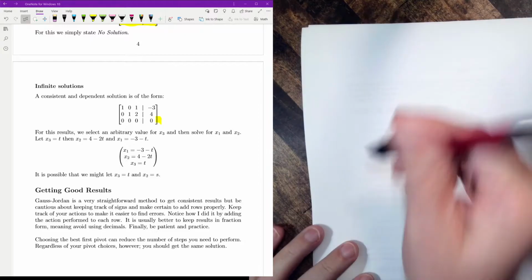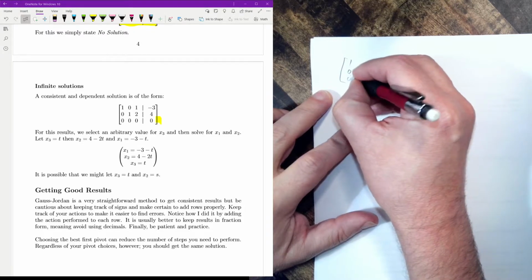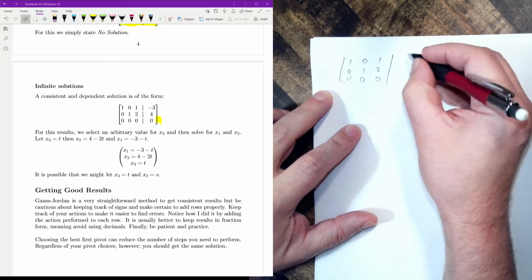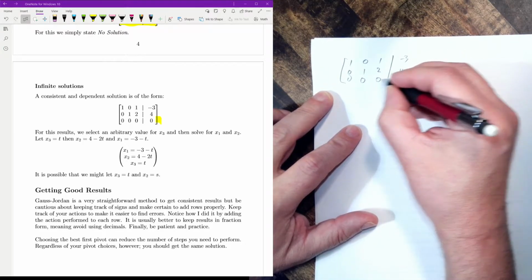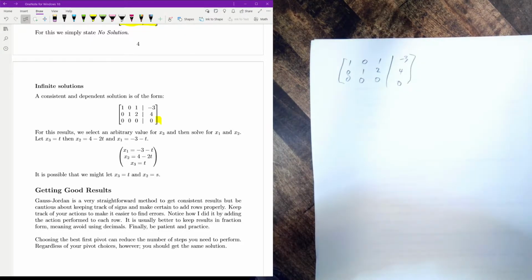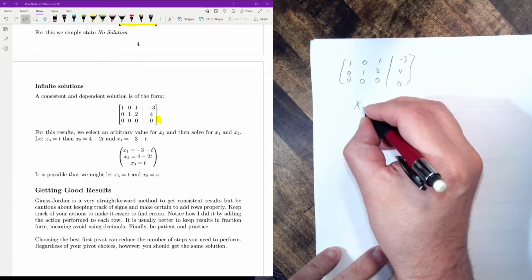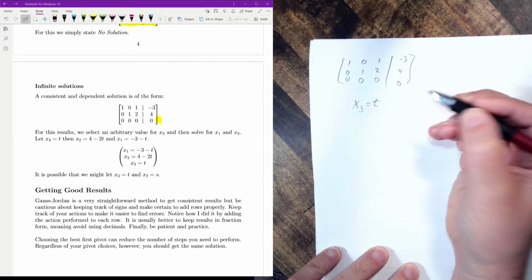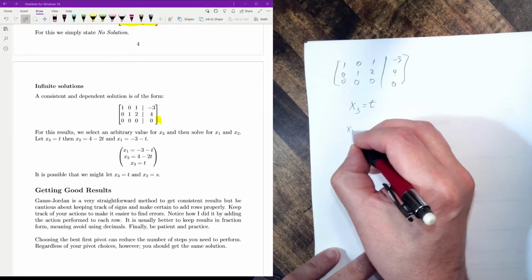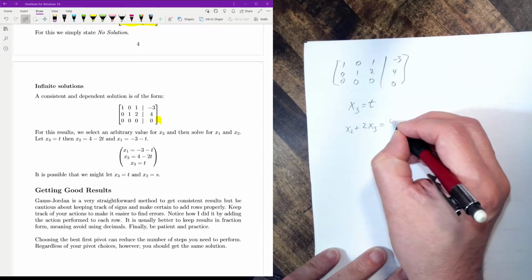So when we have this type of a solution, 1, 0, 0, 0, 1, 0, 1, 2, 0, augmented, minus 3, 4, and 0. We start with x3, and we say x3 equals an arbitrary value. Generally speaking, we choose that arbitrary value to be t. So x3 equals t. Then we look at what x2 equals. Well, x2 plus 2x3 equals 4.